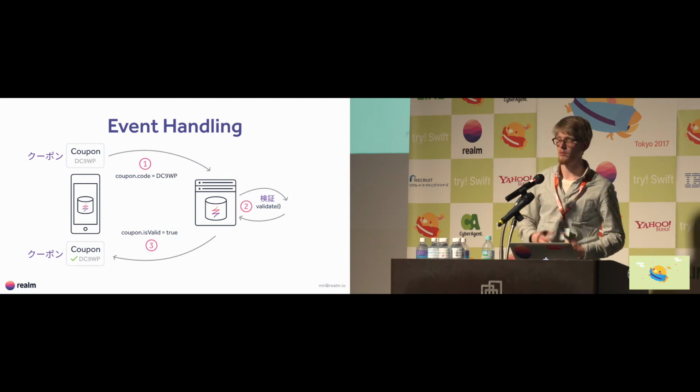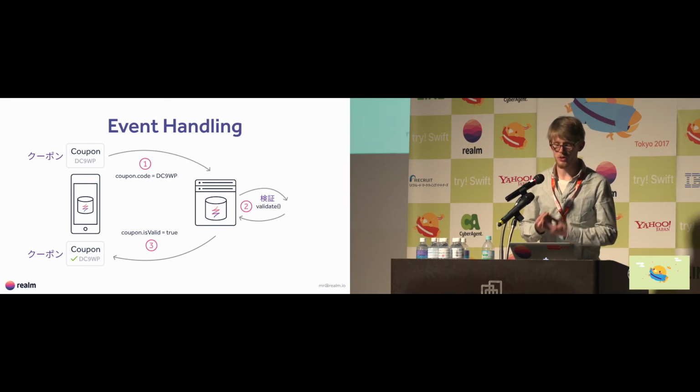And up there, it will trigger a notification via the global event listener, which is part of the event handling framework we offer. And there, you can trigger your validation code, which even allows you to make modifications directly to this object. So if you figure out that this code is valid for the purpose the user is using it for, then you can just set the isValid property of the coupon object to true, and this change will be synced back.